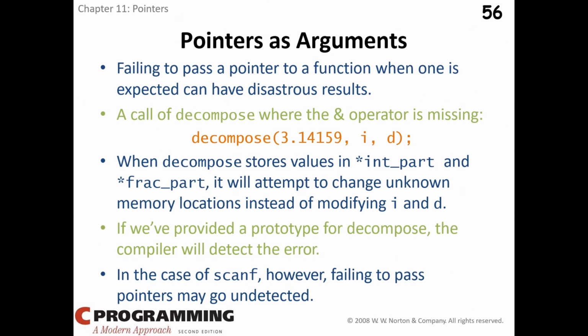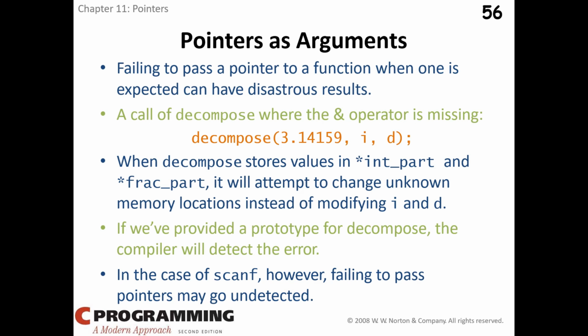When we call a function that expects a pointer as an argument, failing to pass a pointer can lead to a serious issue. Let's see, here we have the function decompose. If we forgot to include the ampersand operator when passing the arguments, such as the one that we have here in the slide, where i and d are variables, the function will receive the values of i and d instead of their addresses.